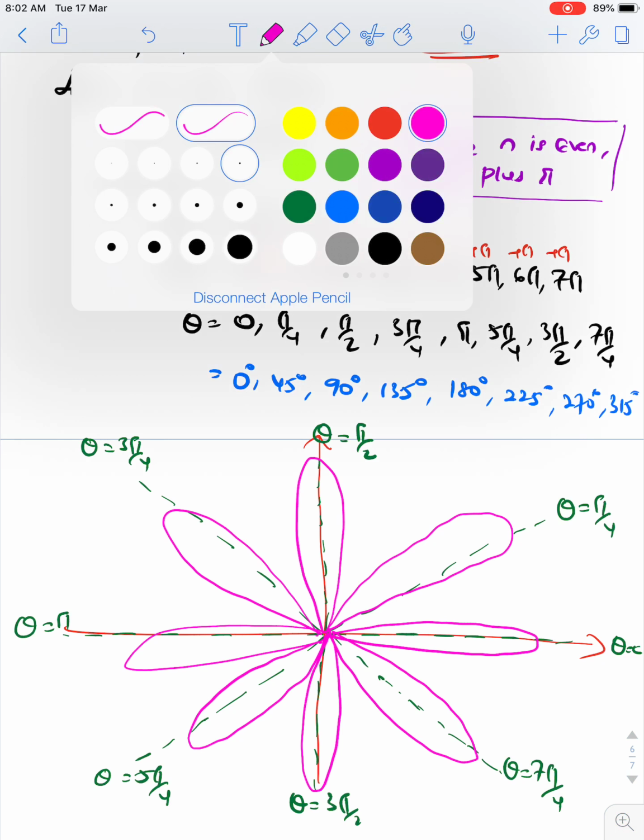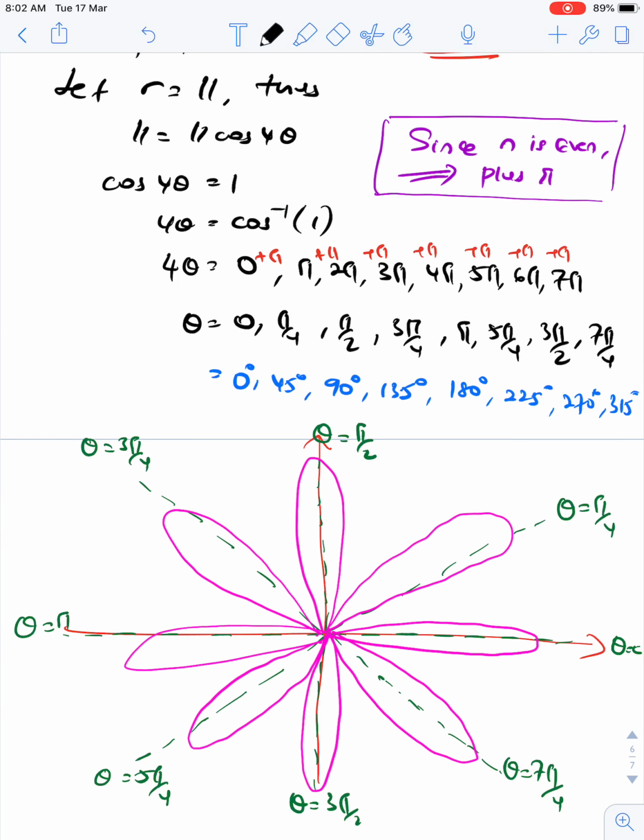Okay, so now you can denote the length of the petal, since we can see that the petals are located on the x and y axes. So we can denote the length here equals 11, up here 11, and then here should be negative 11, and here should be negative 11. Okay, so that's all.